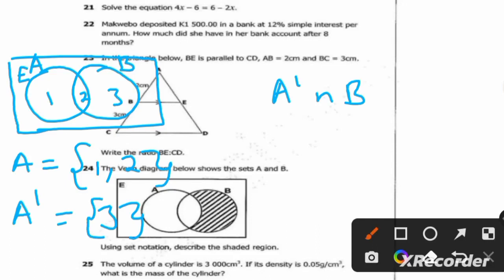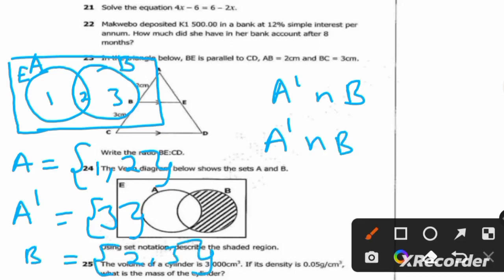Okay, so if we say A complement intersection B, so here are members of B. So members of B, we are having 2 and 3.